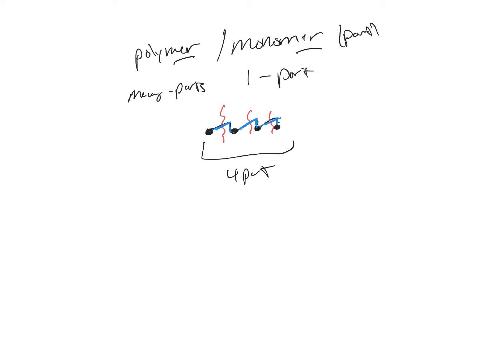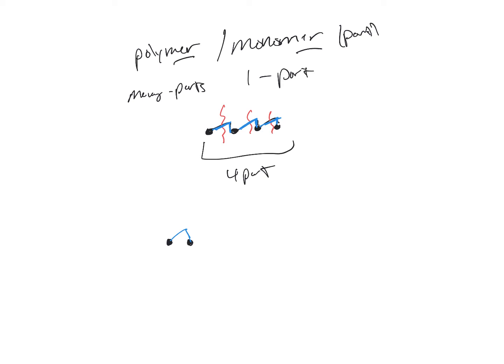So in either case, let's start with 2 individual monomers. And we are going to synthesize a bond here. When that bond is synthesized, that requires some parts of the reaction to change.